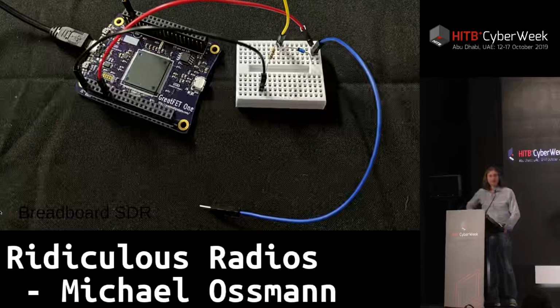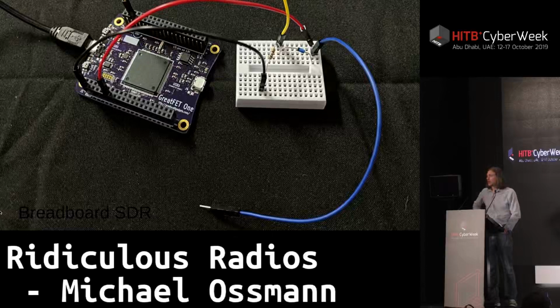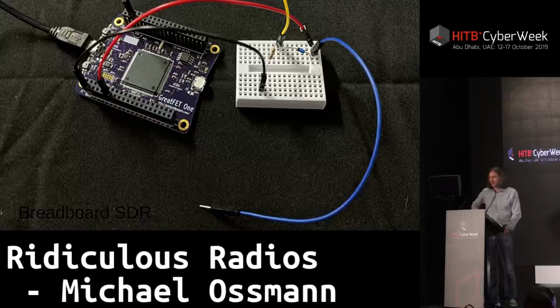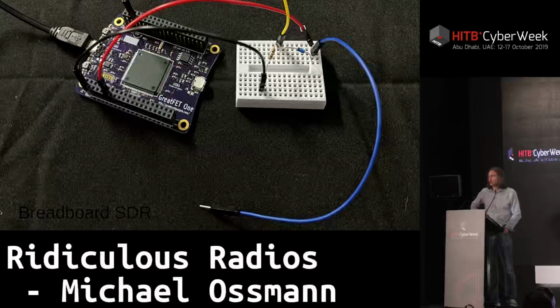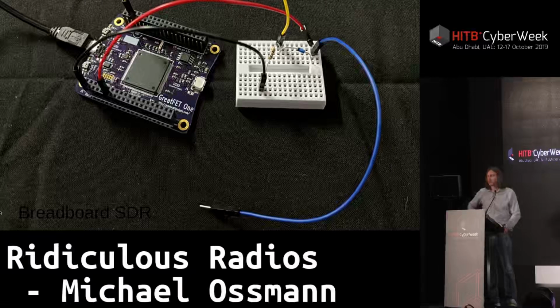Now, on the left, you see GreatFET1, and that is a hardware hacking platform that I've designed. And in this case, there's nothing really special about the GreatFET other than that it's just a microcontroller on a USB port. It's just a general purpose microcontroller platform that I happen to like because I designed it.